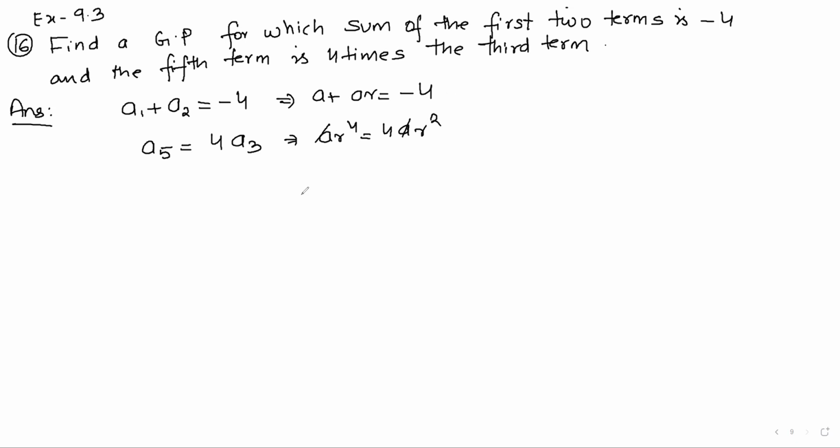Okay Sparsh, what is the final answer? Sir, my GP is -4/3, -8/3, -16/3. Very good. Another one: 4, -8, 16, -32, and so on. Okay, Sparsh, very good. Namra and Noma, please share your answer once you complete this.